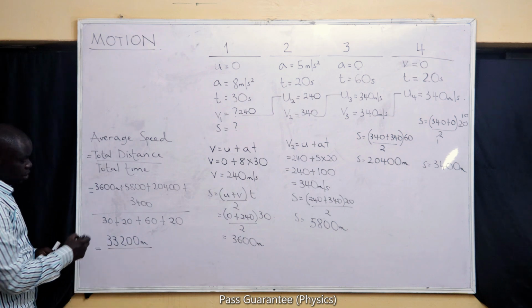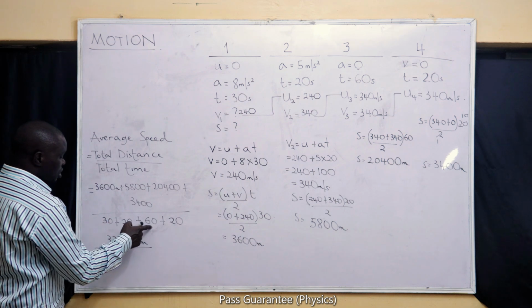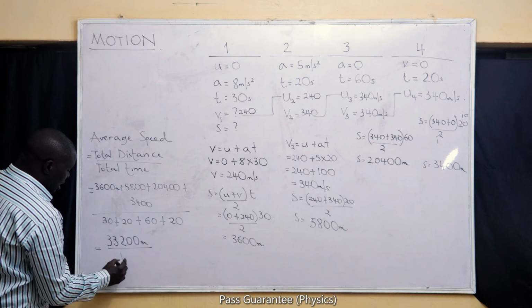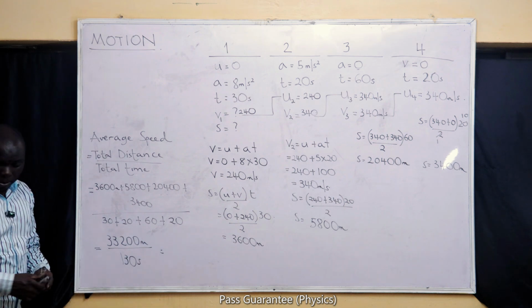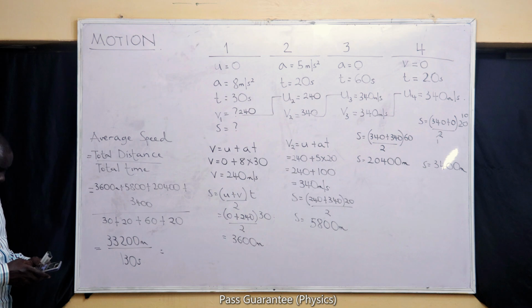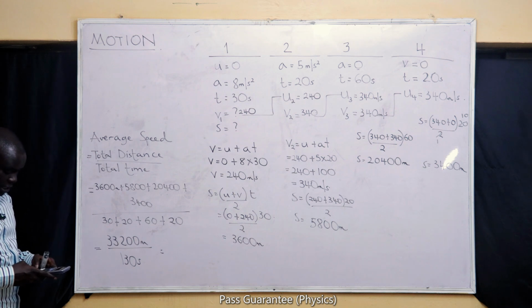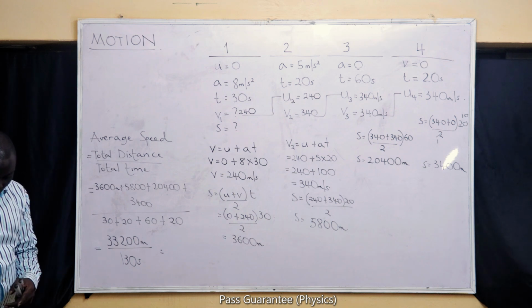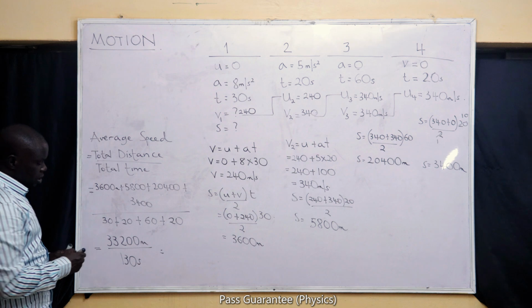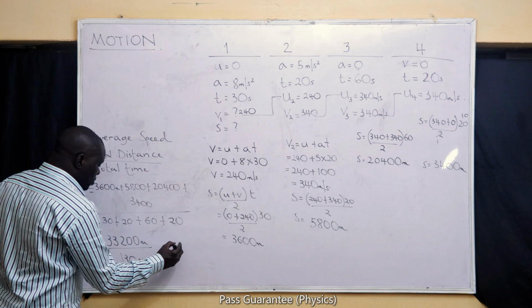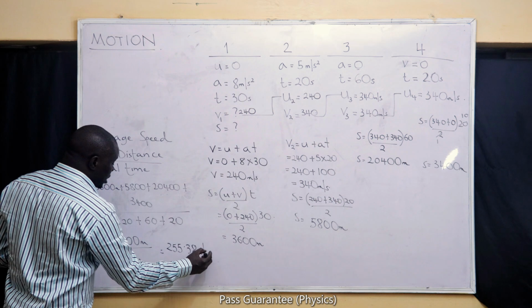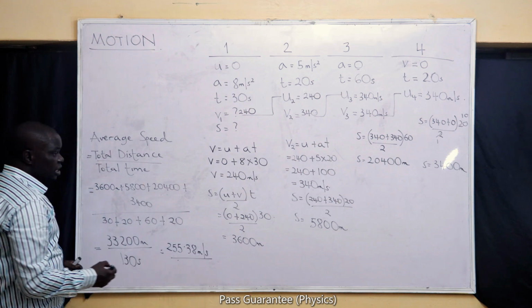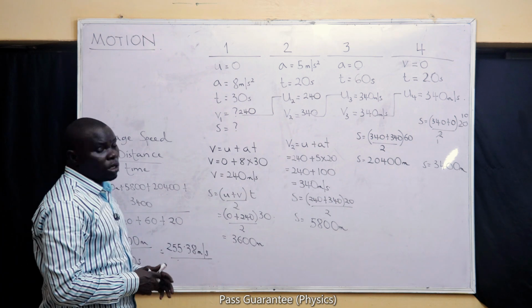The total time will be 30 plus 20, 50 plus 60, 110 plus 20, 130 seconds. So I'll divide my 33,200 by 130, and I have 255.38 as the average speed for the whole journey.